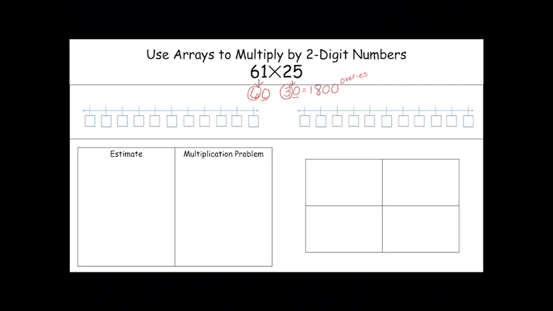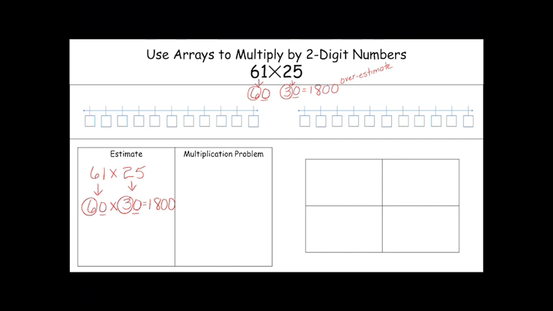We're going to get into that in this lesson, talking about whether it's an overestimate or an underestimate. So my estimated answer was 61 times 25: 61 became 60, 25 became 30, 6 times 3 was 18, 2 zeros in my factors, 2 zeros in my product.